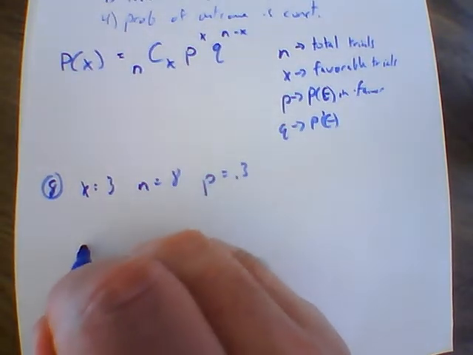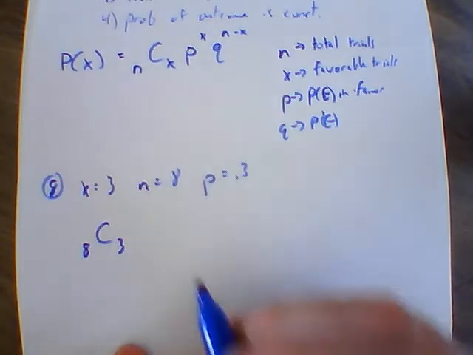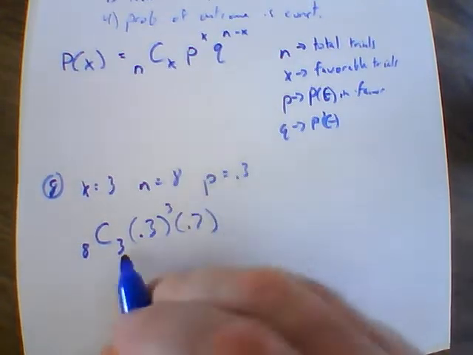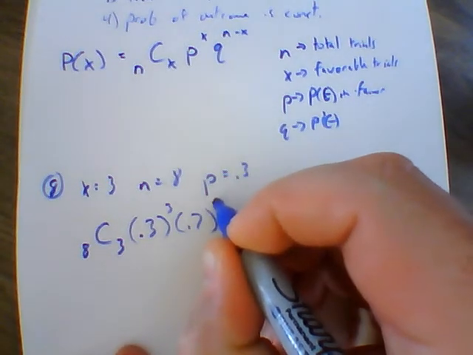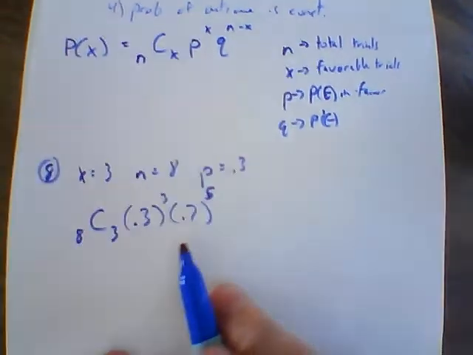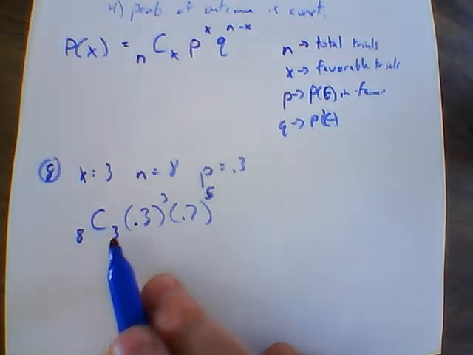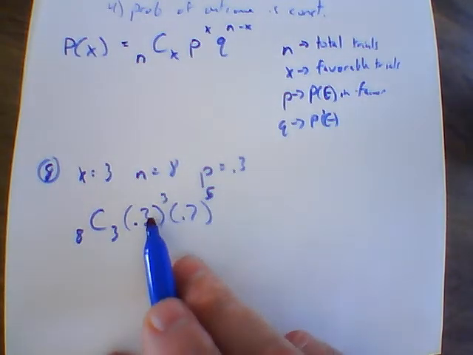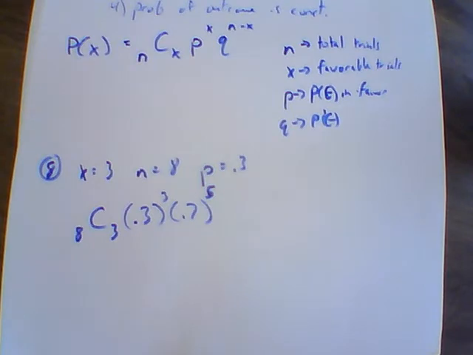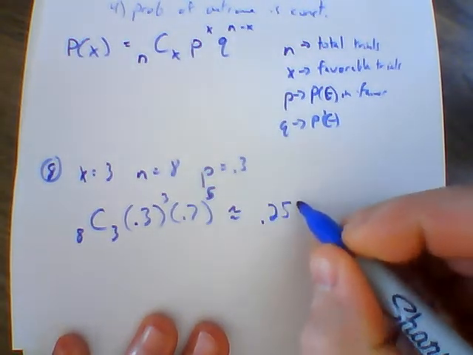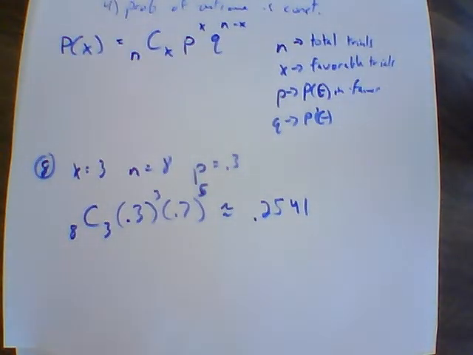So what we would do here is take 8 combination 3, and then take 0.3 to the third power, 0.7 to the fifth power, because once again, 8 minus 3 would be 5. These two exponents have to add up to be n. Then we would type this into our calculator, and we would see that we'd have approximately 0.2541. So that would be our probability here.